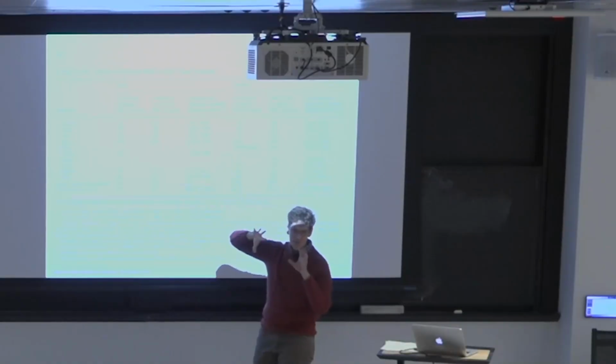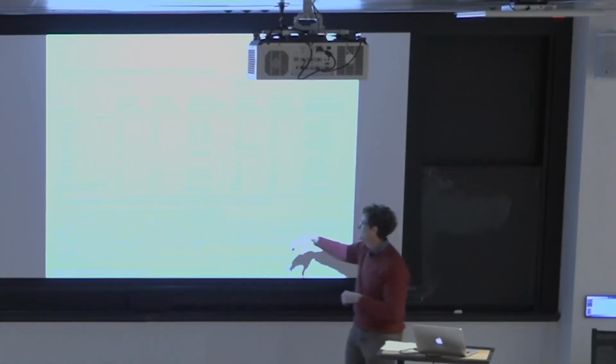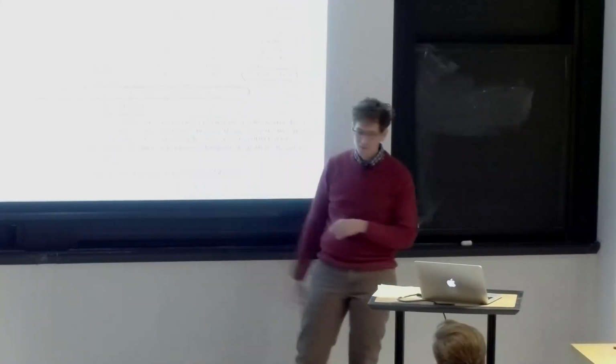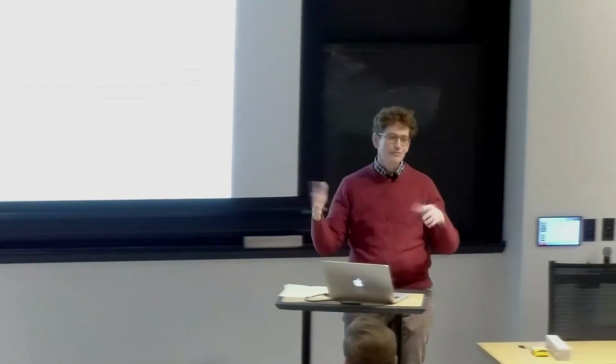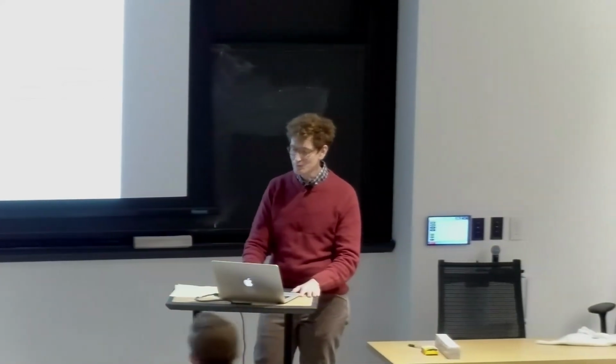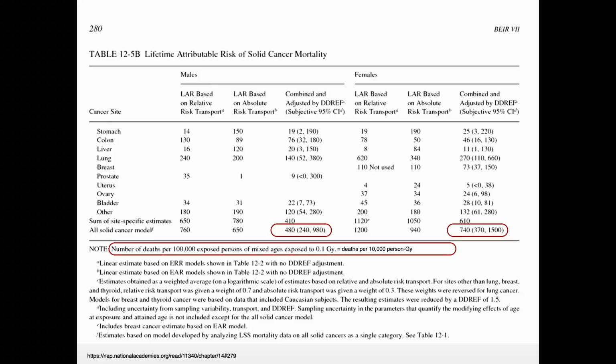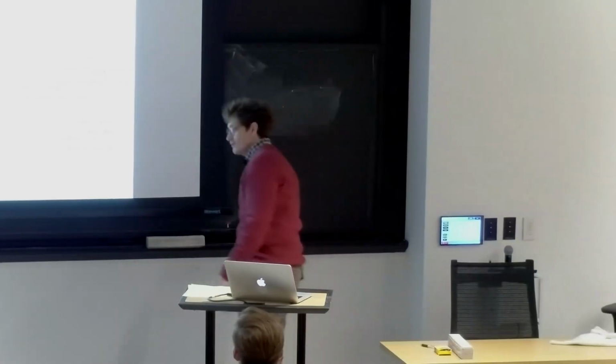So this is their statistical data on just mortality. 740 per 10,000 person gray. And if we average this, we say roughly it's 50-50% men and women, then 610 is the average of these two numbers. 610 deaths per 100,000 person gray.